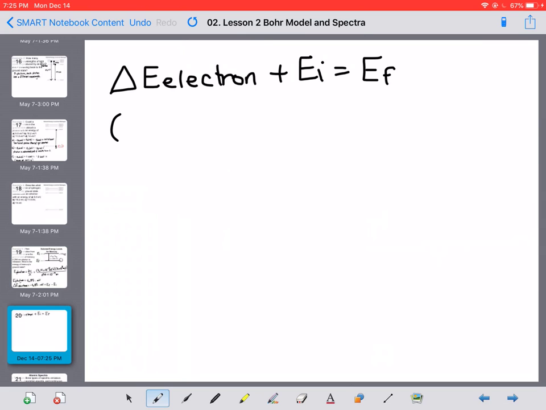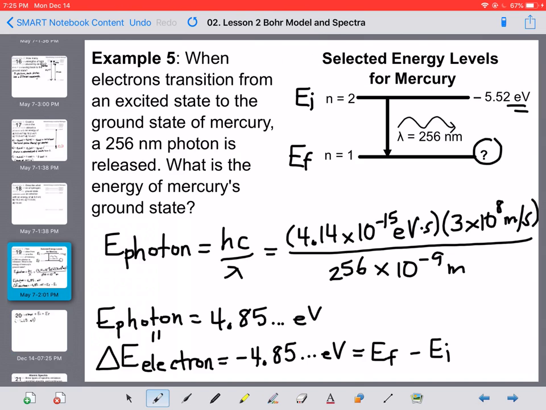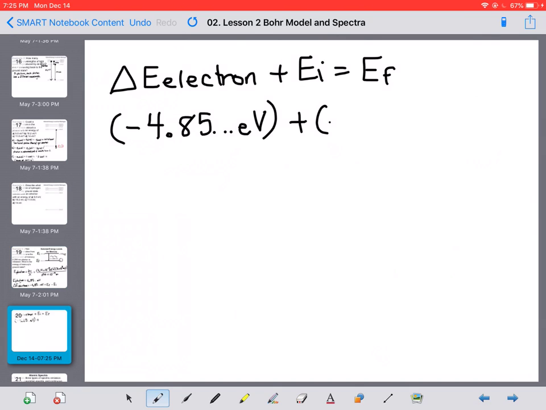So the change in energy for the electron was negative 4.85 electron volts. And the initial energy was negative 5.52 electron volts. So we're adding to this negative 5.52, and whatever that is is the final energy of the electron.